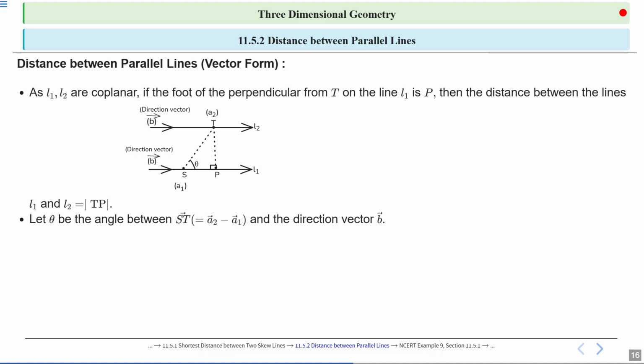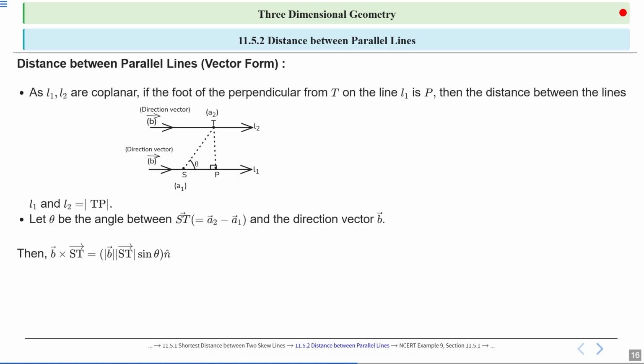Let theta be the angle between the vector ST, which is A2 vector minus A1 vector, and the direction vector B. Here, vector ST connects a point on L1 to a point on L2, and the vector B gives the direction of both the lines since they are parallel.